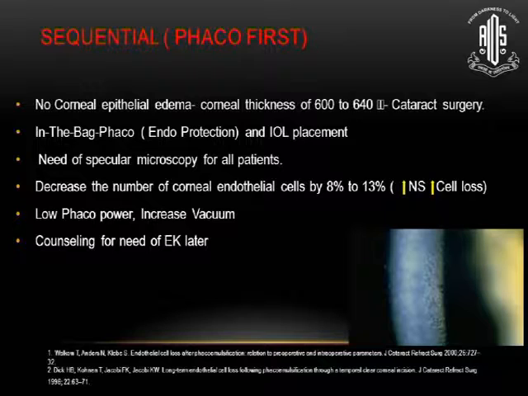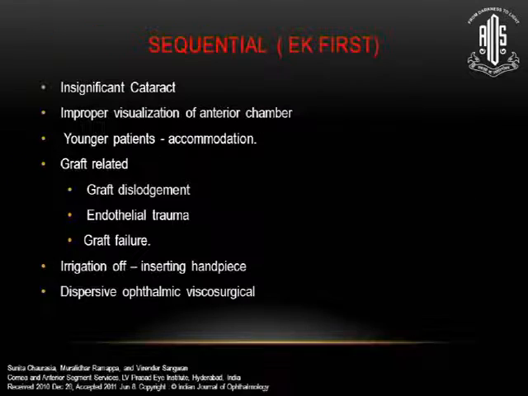As we know, the number of endothelial cells decreases with time, and decreases after phaco surgery alone. But put a word to the patient that they might have to undergo a corneal transplant if required.